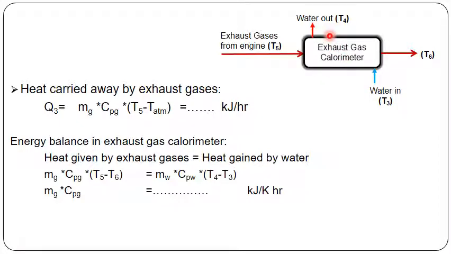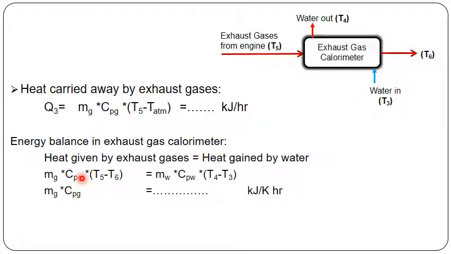Using a simple energy balance, you equate the heat lost by the exhaust gases with the heat gained by the water, and write a simple mathematical expression using the temperatures and flow rates.